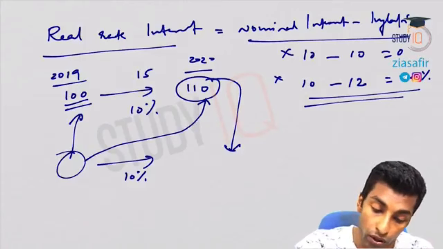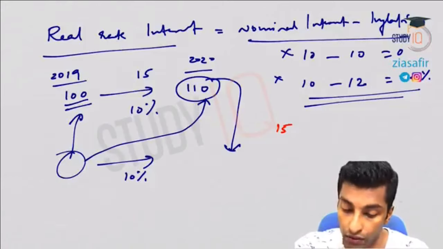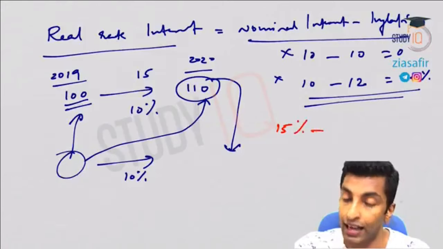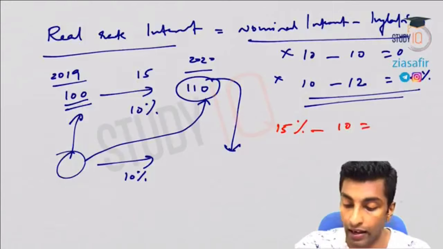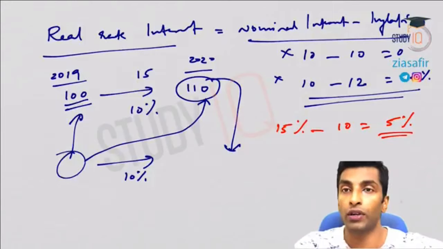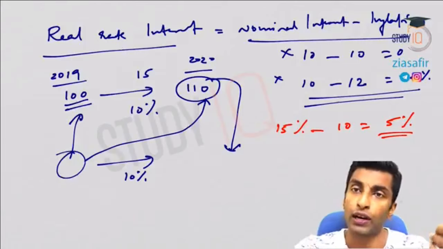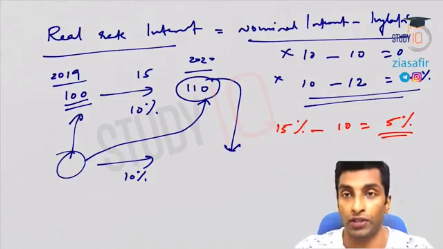Okay, now what should happen? If interest you're charging was 15%, then minus inflation, let's say 10, then at least you are getting 5%. Theoretically, you are saying I'm getting 15% interest rate, but when it is adjusted with inflation, the actual return that you have is only 5%.